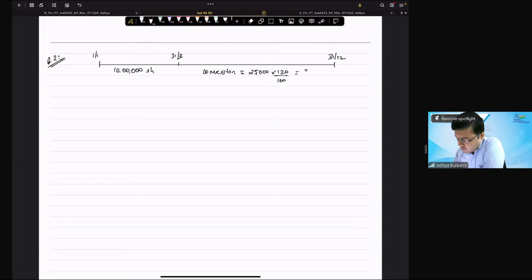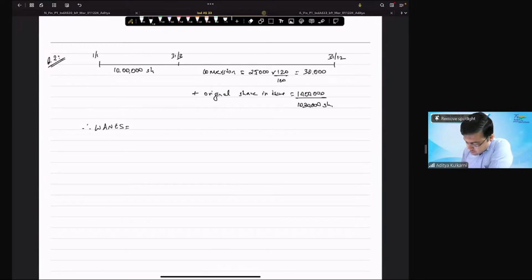Is it okay? Plus original shares in issue. So that is how much? 10 lakh. So total is 10 lakh 30,000 shares. Is it okay? Yes, sir.